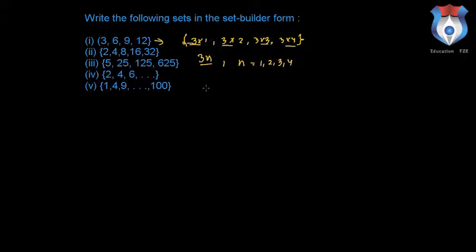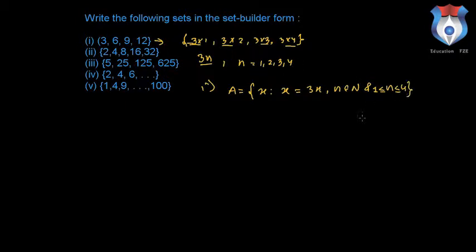So how can we represent that? Let me suppose this is set A, and set A is equal to the set of x such that x equals 3n, and n belongs to the natural numbers, and n is greater than or equal to 1 but less than or equal to 4.